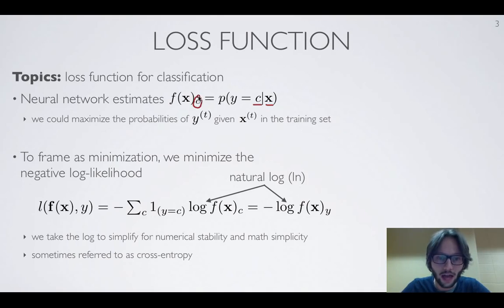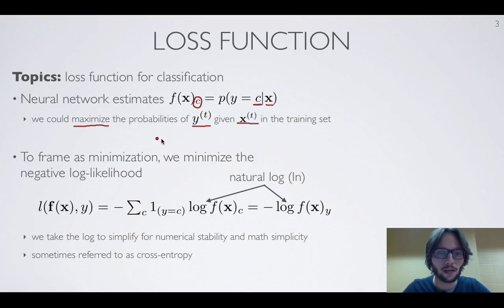The Cth element gives us the probability that x belongs to the Cth class, and the whole vector gives us the whole conditional distribution of what the target could be given x, as estimated by the neural network. So something fairly intuitive would be to maximize the probability of the correct target yt given some input xt from our training set.